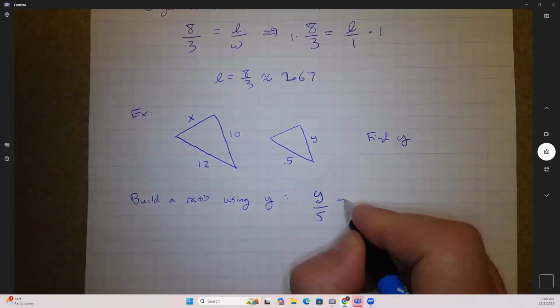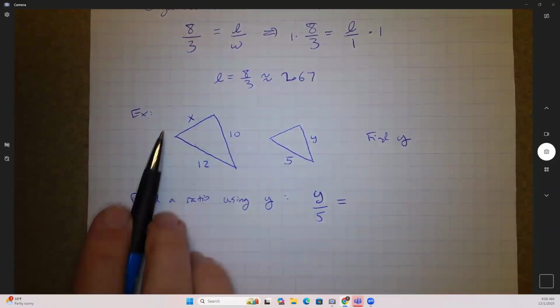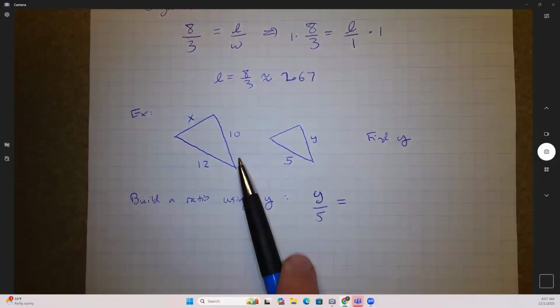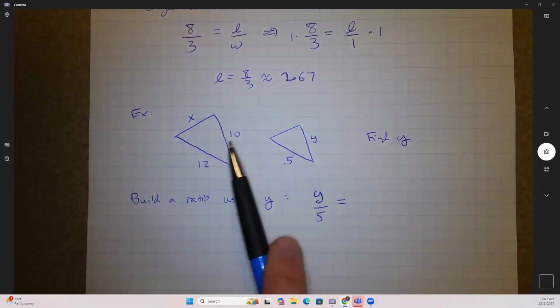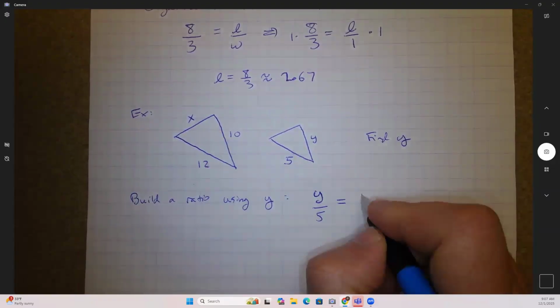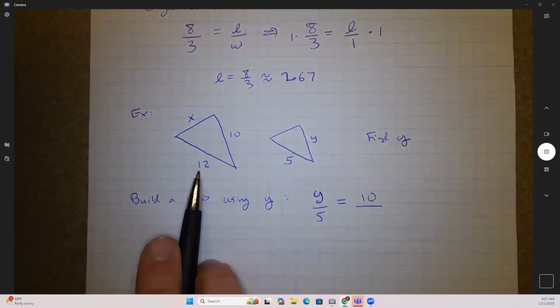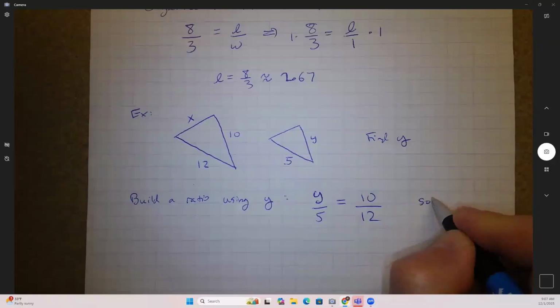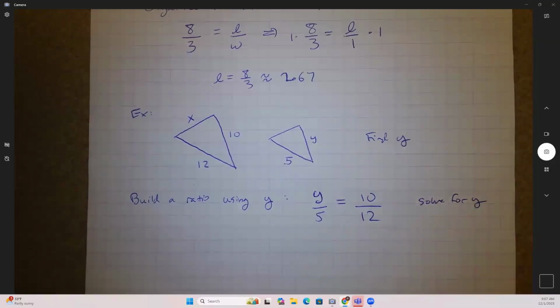And that should have the same relationship as this bigger triangle here. And in the bigger triangle, what's the side that corresponds to Y? 10. And what's the side that corresponds to 5? 12. And now I can solve for Y.